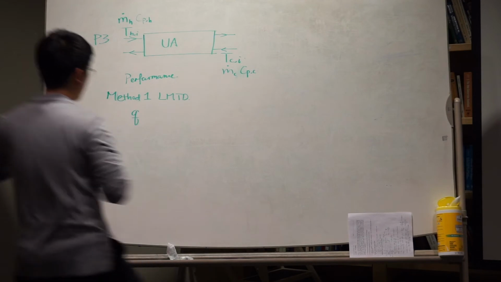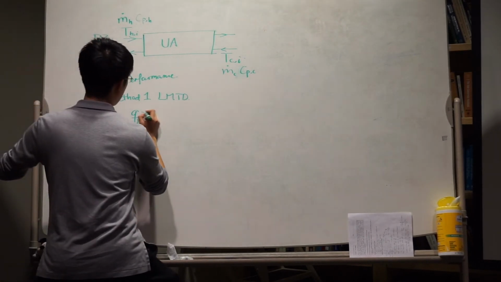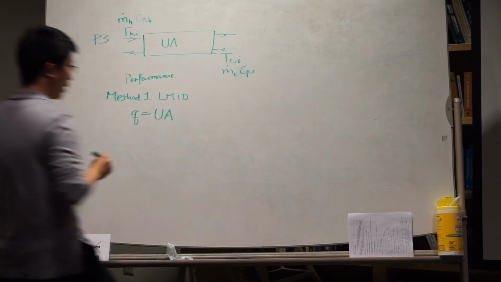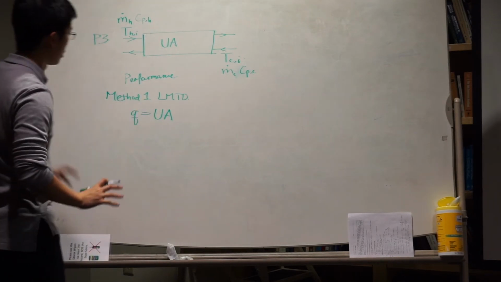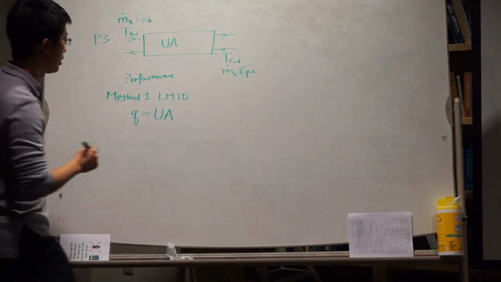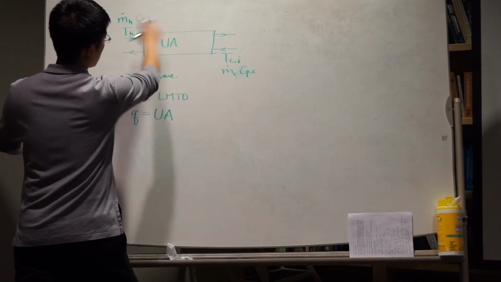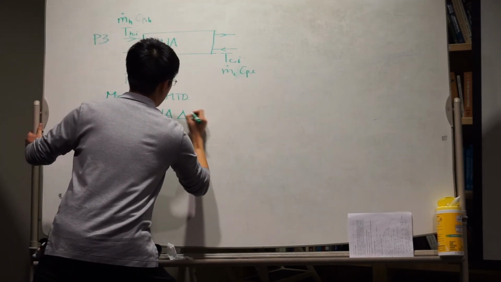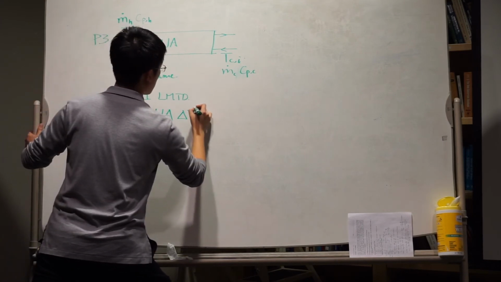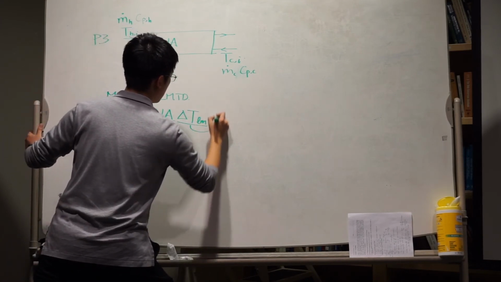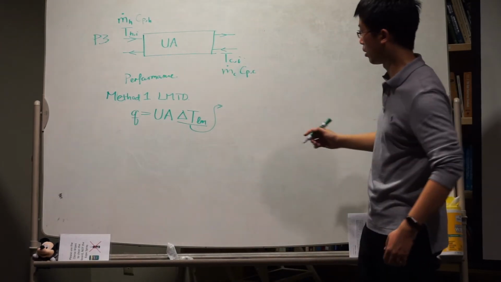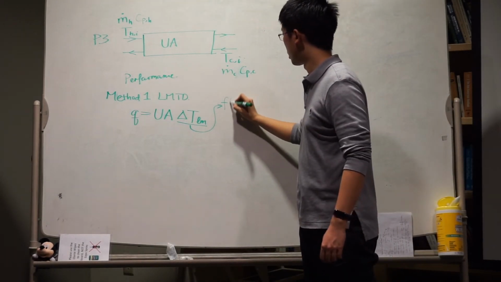One is saying the heat transfer rate will equal this UA, which works as the hA of the traditional convection problem, times a temperature difference. That temperature difference is not the difference of any combination of these 2, but instead what we call the log mean temperature difference, which depends on whether it's a counterflow or parallel flow. It's a function of these 4 temperatures.